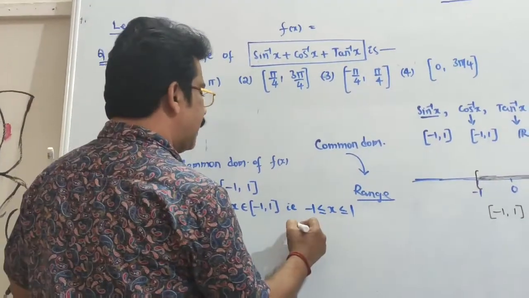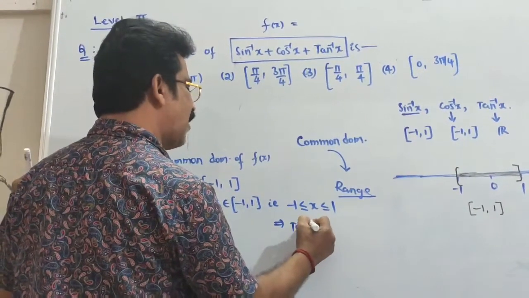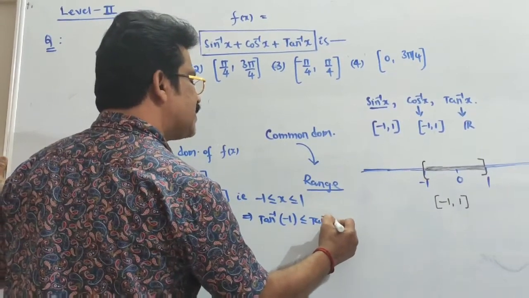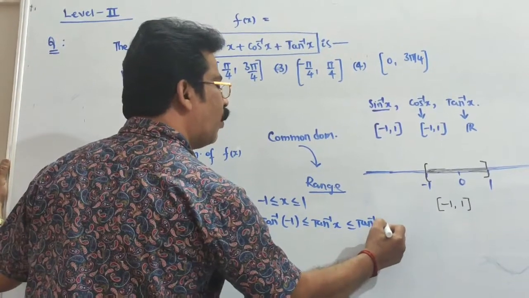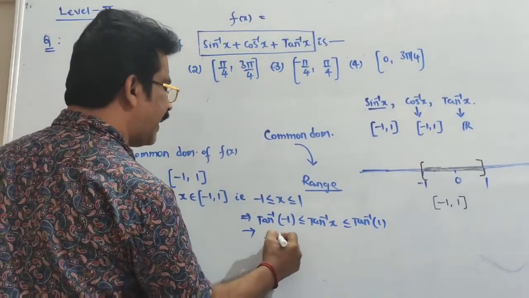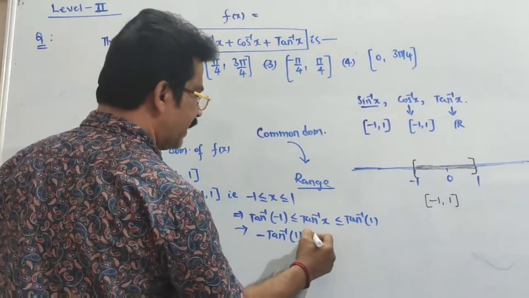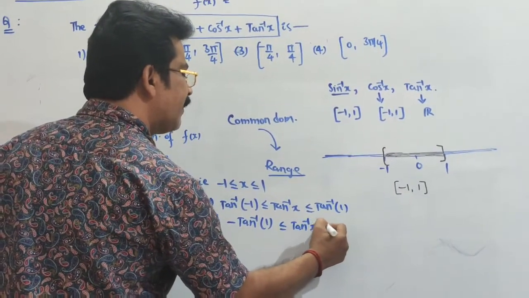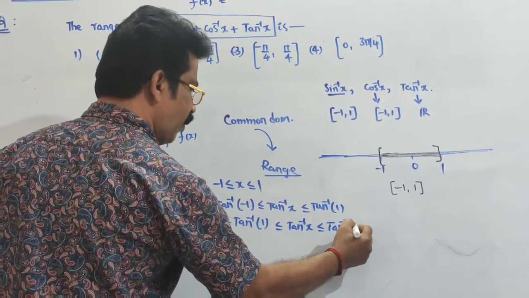That is, -1 less than or equal to x less than or equal to 1. Later, apply tan inverse on both sides. It is tan inverse of -1 less than or equal to tan inverse of x less than or equal to tan inverse of 1. Actually, tan inverse of -x equals minus tan inverse x, so minus tan inverse of 1 less than or equal to tan inverse of x less than or equal to plus tan inverse of 1.